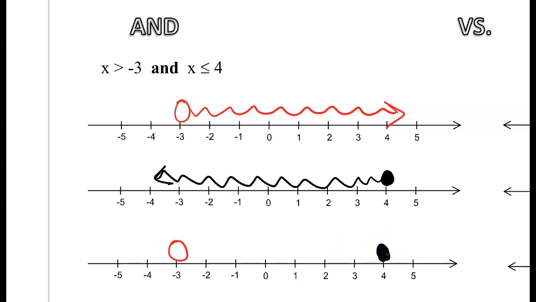Okay, and now since the arrows are facing each other, the only thing that I need to shade is basically where they're overlapping. All right, so they're overlapping. We shaded this side of the open circle. We shaded this side of the closed circle. So that is my final answer. I shouldn't have any shading going outside of those two dots. An AND statement looks like this, where basically you have two dots and the shading happens in between.